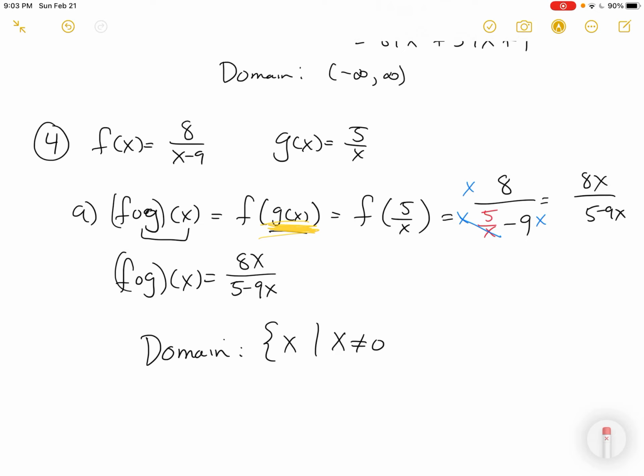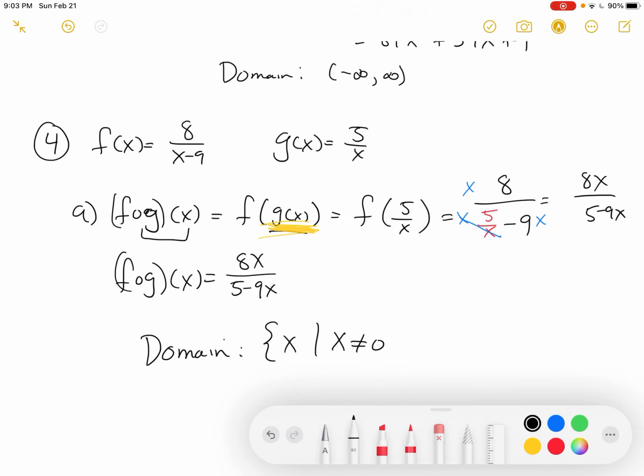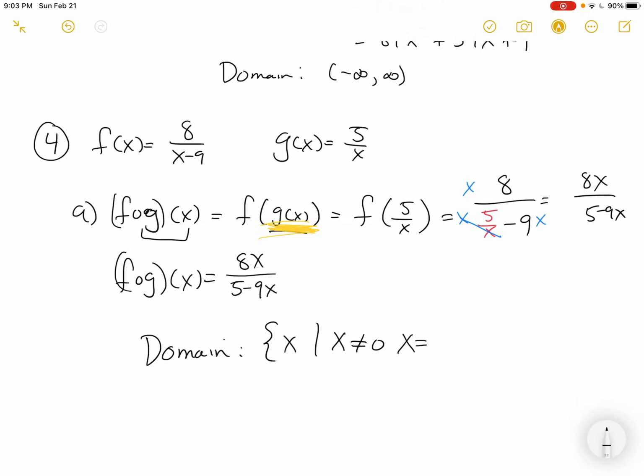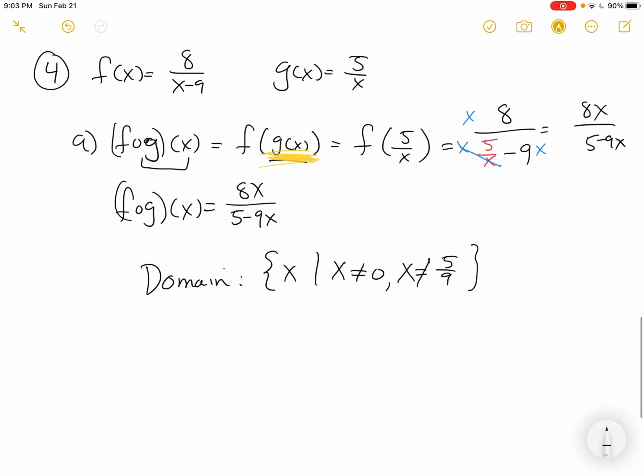So the only way you're going to pick up 0 is to consider that first g of x function. So you see the other one there, at least I hope so, that there's no way you can let x be equal to 5/9. If you let it be equal to 5/9, we got a 0 underneath there and some problems. And so that's what we have. Any x you want, but not 0, I apologize, and not 5/9. Let me put an x through that equal sign.